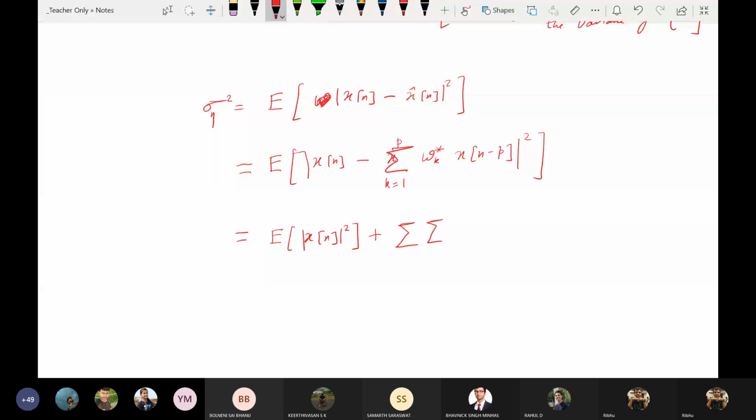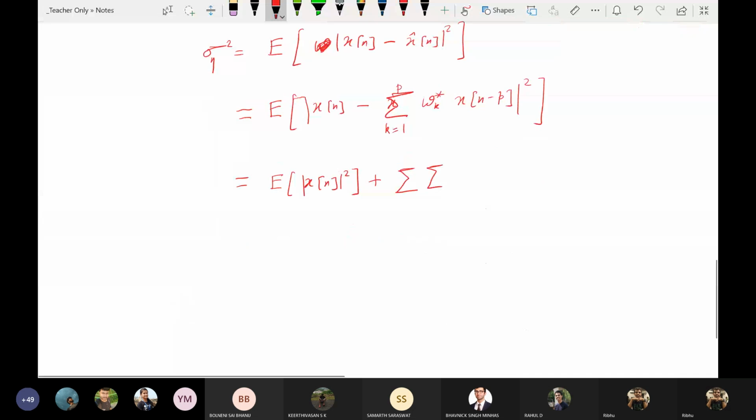Since this will be the square of a summation, it will be a double summation, k equal to 1 to p, l equal to 1 to p, wk wl, expectation of xn minus k xn minus l conjugate. We calculated this yesterday.